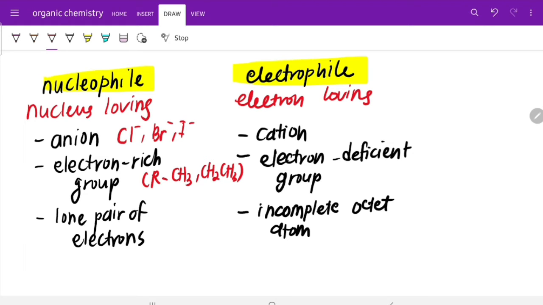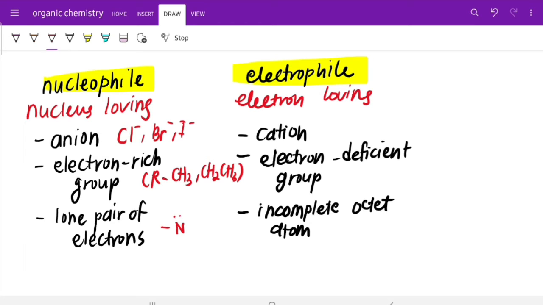A lone pair of electrons refers to any atom that has a lone pair of electrons. For example, the amino group is made up of nitrogen, and this nitrogen can either bond to hydrogen if it's a primary amine, NH2, or directly bond to another alkyl group. Nitrogen always has a lone pair of electrons, and that lone pair makes the amino group available as a nucleophile because it can donate that lone pair.